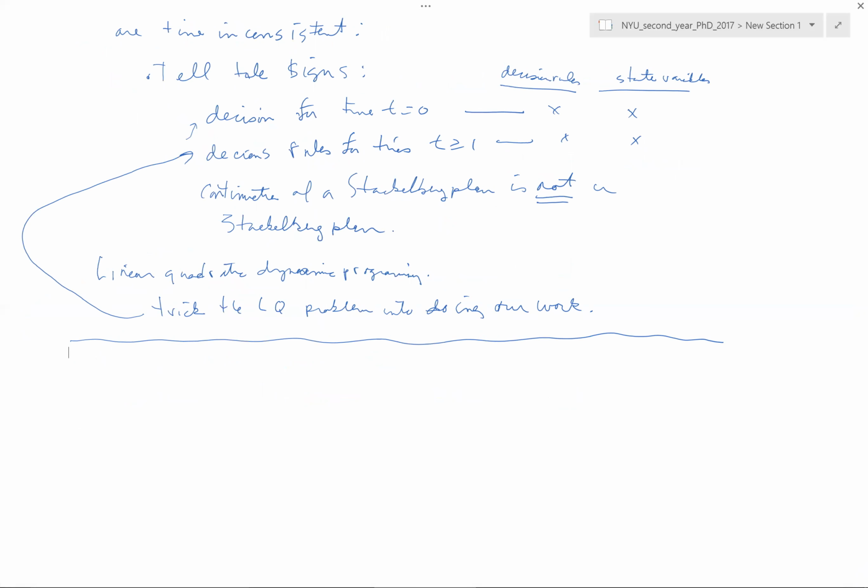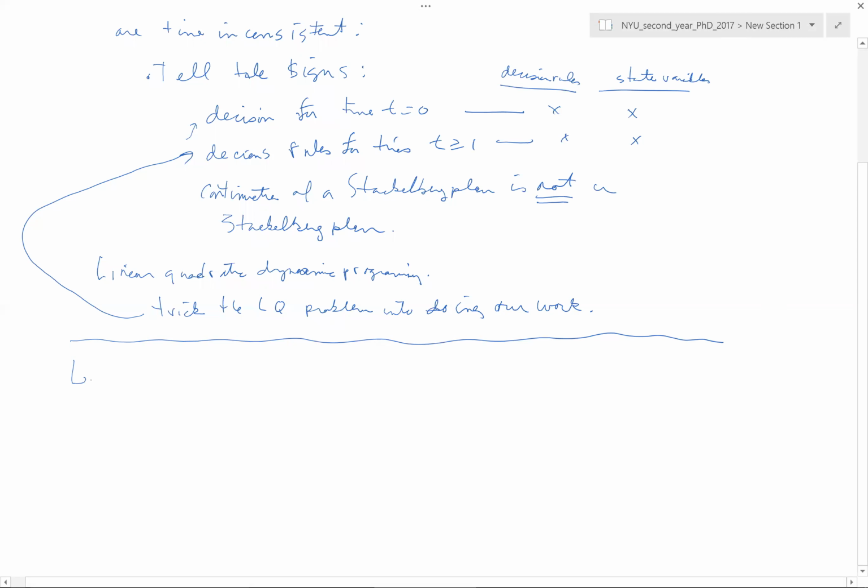So let's get started. We're going to use linear quadratic because we can compute lots of things and get our hands on things. But I think you'll understand that the basic principles that we're talking about will transcend the linear quadratic setting. Okay, so here we go. Here's going to be our setting.